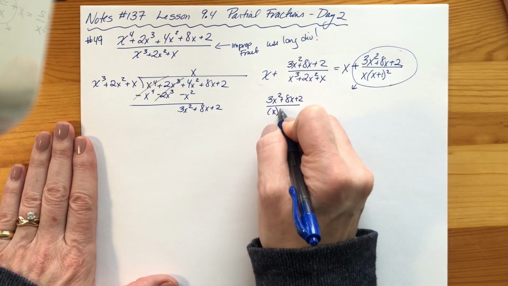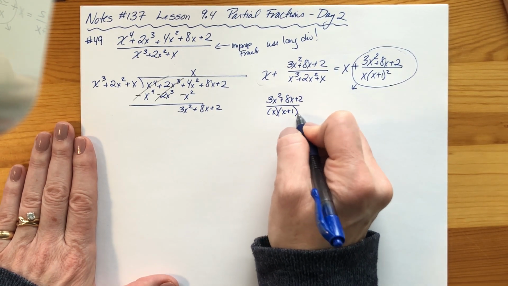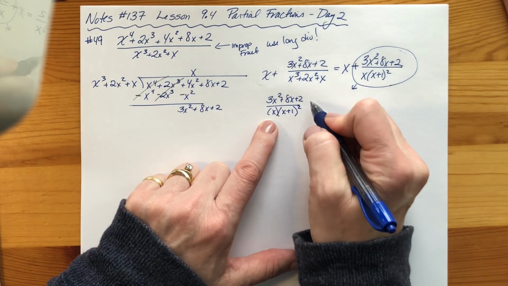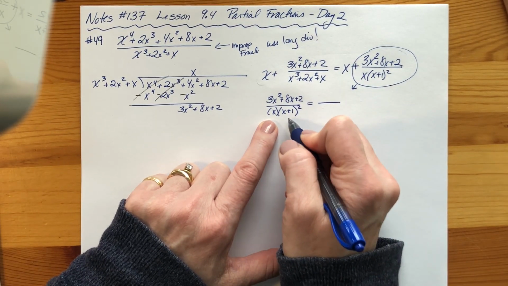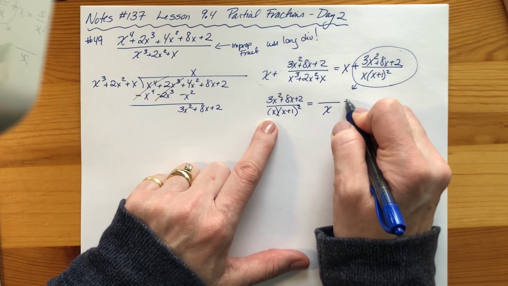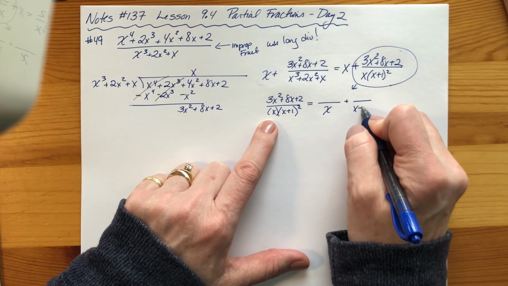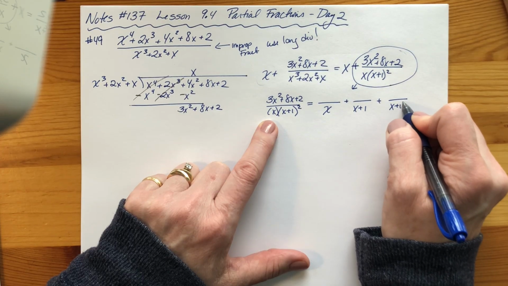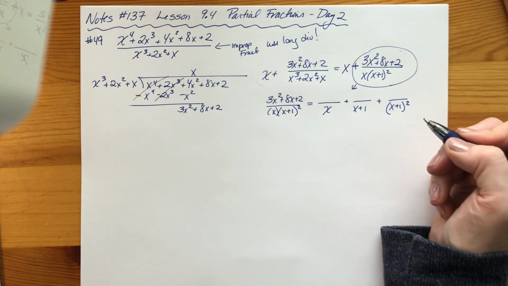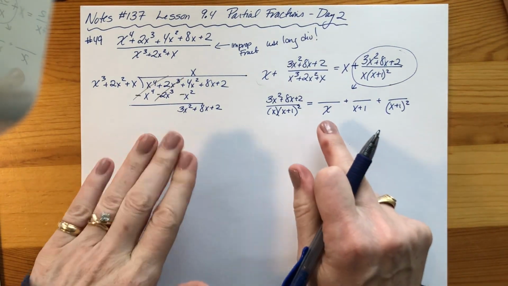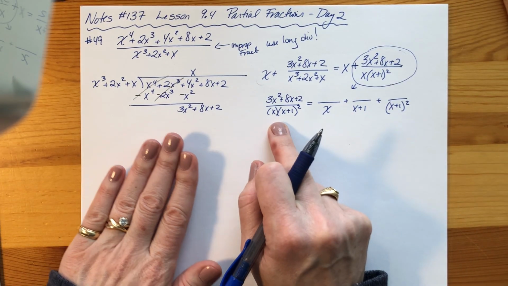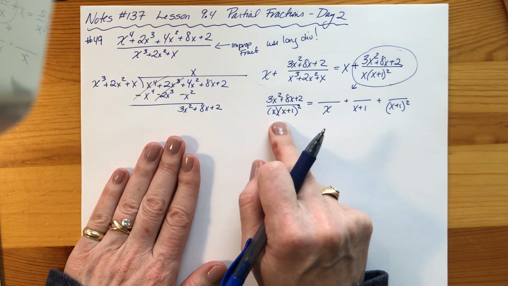Now think about all of the ways that you could get x times x plus 1 squared as your common denominator. I could have plain old x. I could have plain old x plus 1, right? Or I could have x plus 1 squared as my denominator, right? So think about it. If I have these three, the common denominator would be x times x plus 1 squared.